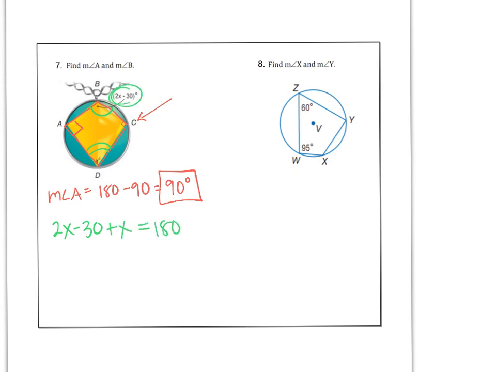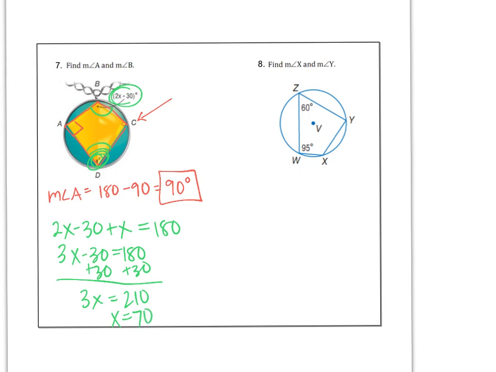This angle plus this angle equals 180. Combine your like terms. So we have 3x minus 30 equals 180. Add your 30. So we have 3x equals, what is that, 210? x equals 70. That is not our final answer.